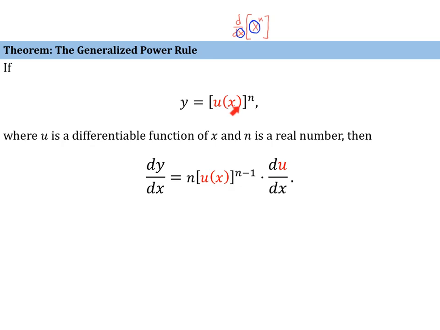We have a function of x raised to the nth power. And as long as that function is differentiable, we are okay. So I ignore the inside function for a moment. I bring this exponent in front, just like the power rule. I lower the exponent by 1, just like the power rule says to do. But then the last step is, because this has an inside function, a chain of events takes place. I look at the inside function and I must take the derivative of that inside function.